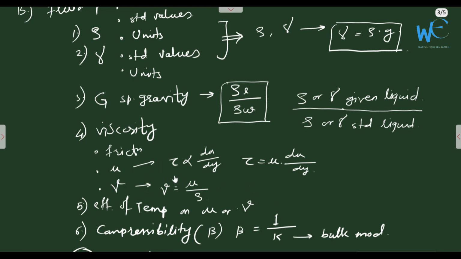Here Newton gave us a relationship: shear stress is directly proportional to du by dy. Apart from dynamic viscosity, there is also kinematic viscosity, which has a very simple formula: dynamic viscosity divided by mass density.